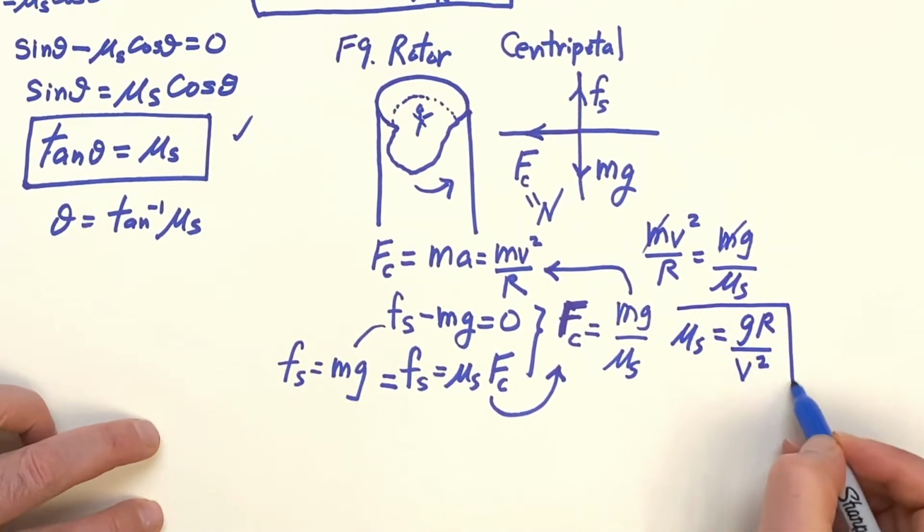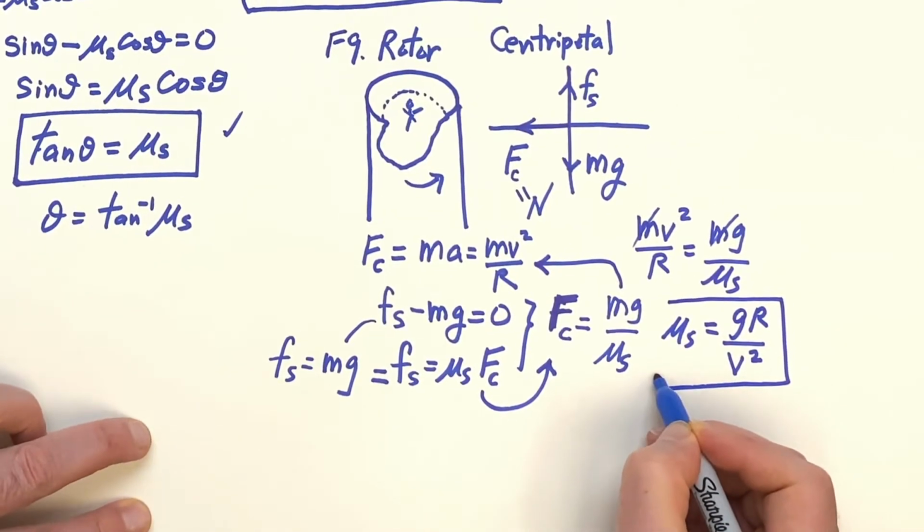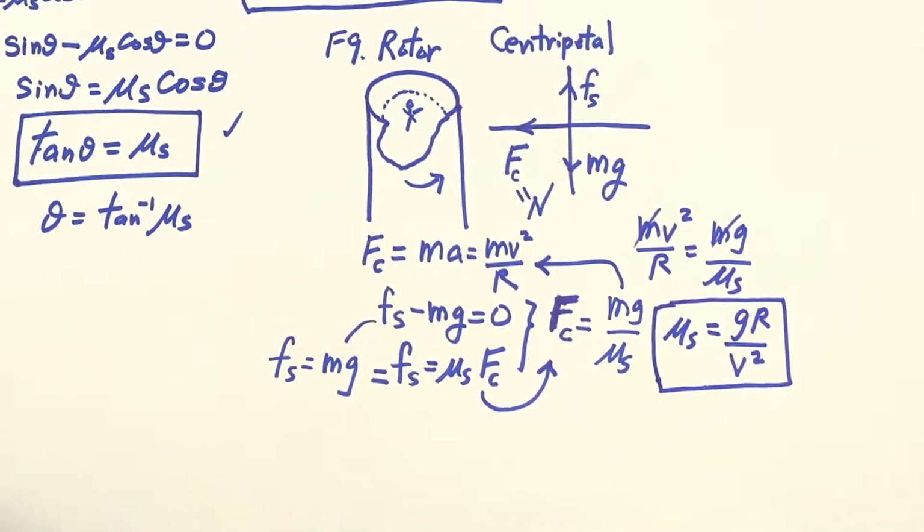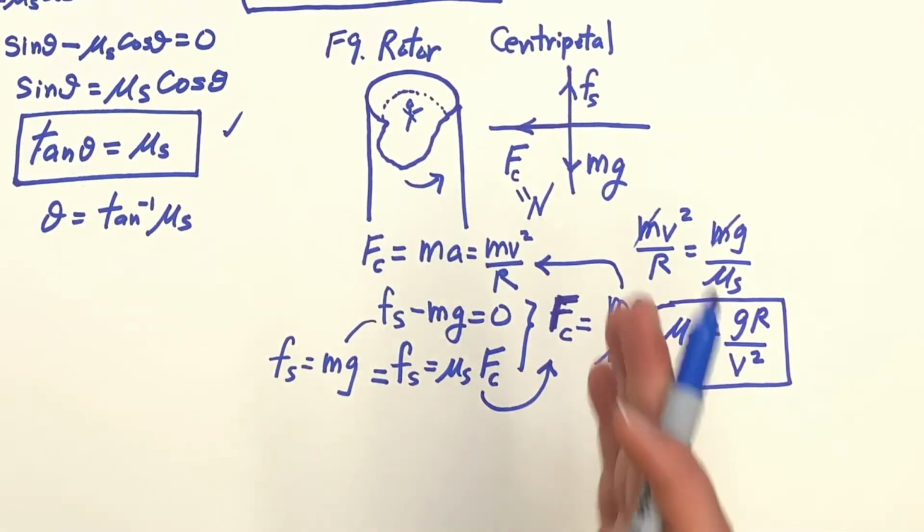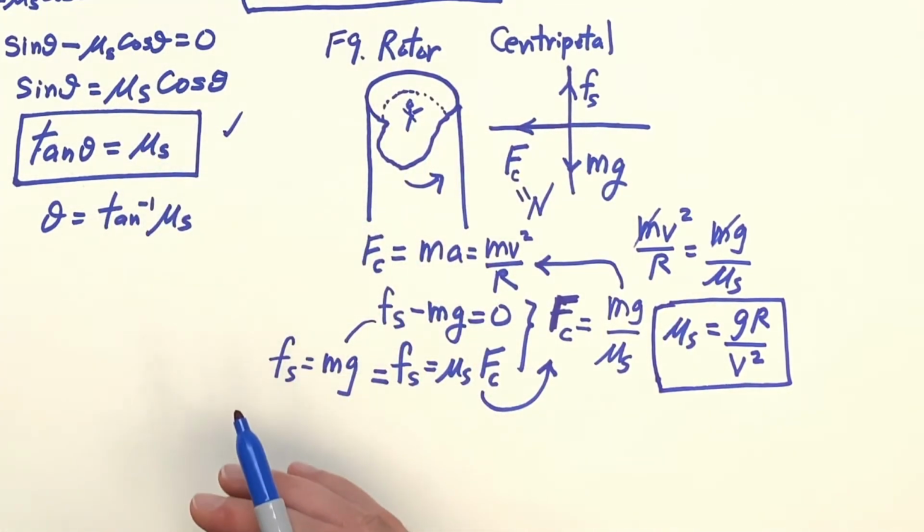So there is the answer. That's it right there. That's the necessary coefficient of static friction so that you don't fall down, given the amusement park's radius of curvature and, say, the speed that you're going along the circle.